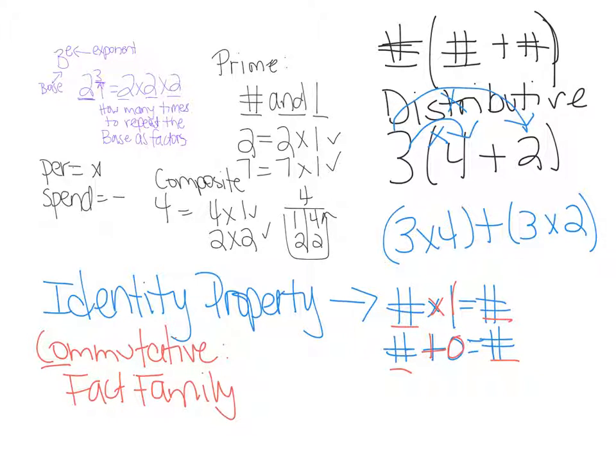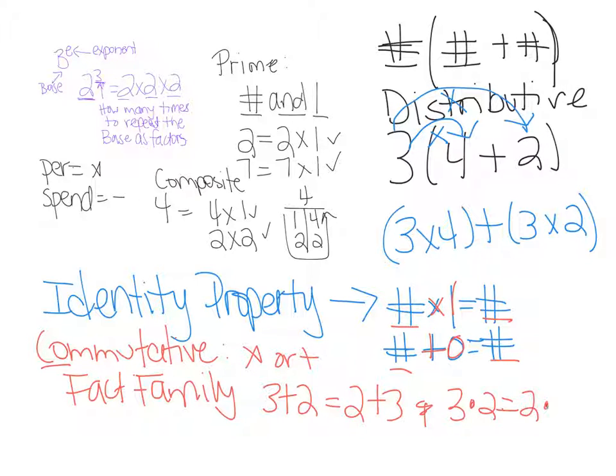Order doesn't matter, and that happens with multiplying or adding. Okay, so 3 plus 2 is the same as, or is equivalent to, 2 plus 3. And 3 times 2 is the same as 2 times 3. So they're the same, so just remember that.